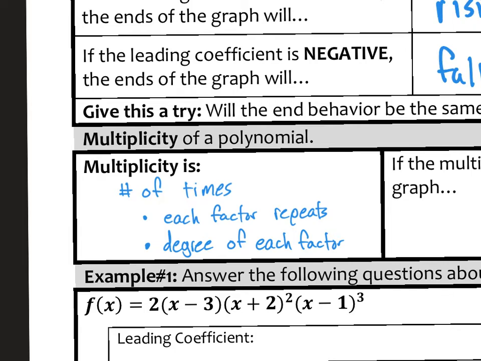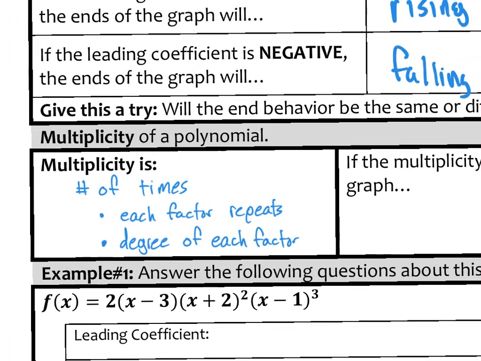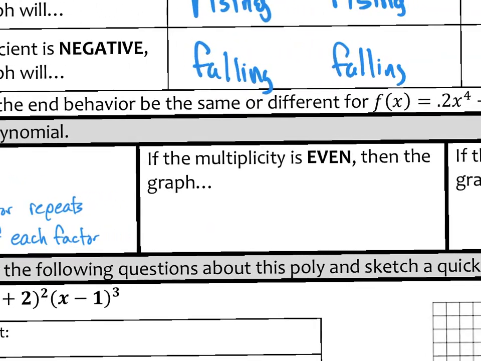So when we do that, if the multiplicity, or the degree of each factor, is even, the graph is going to come down and touch the x-axis, but it is not going to cross. So you'll have kind of a minimum or maximum at the x-axis. So it'll just occur at one point.